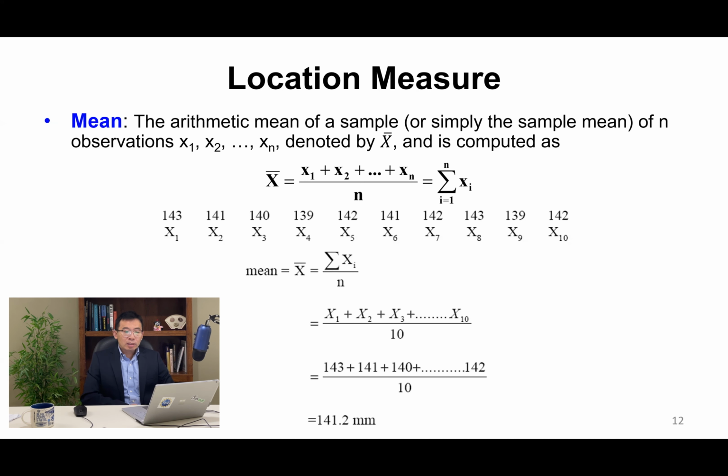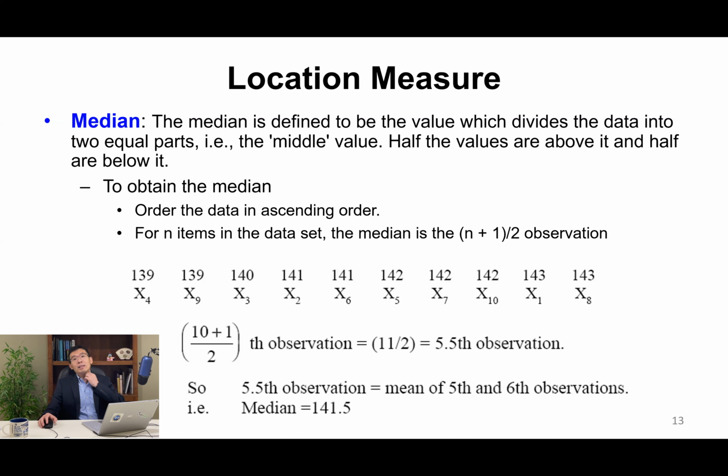Then the sample mean x bar equals the sum of all the observation values divided by the sample size n. So we add 143, 141, 140 to 142, and then we divide by 10. So the sample mean is 141.2 millimeters.